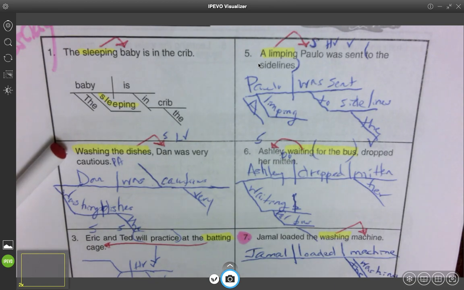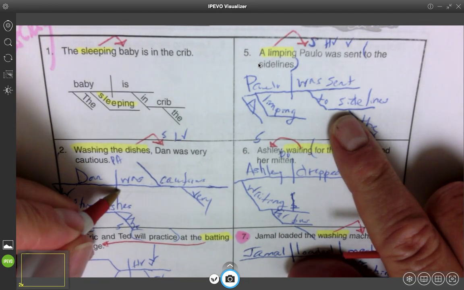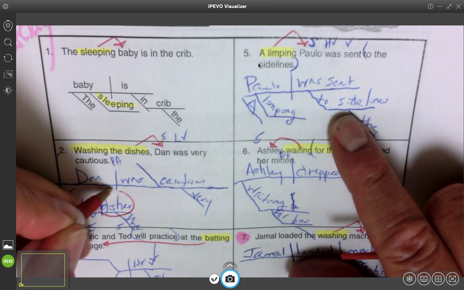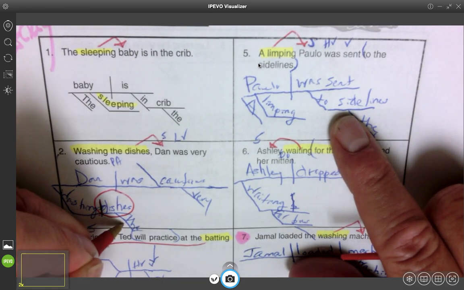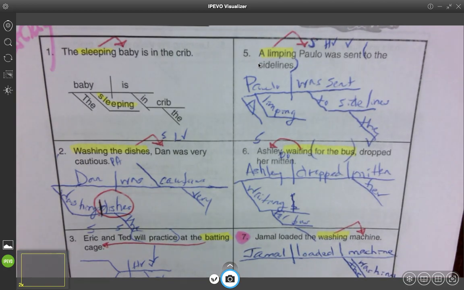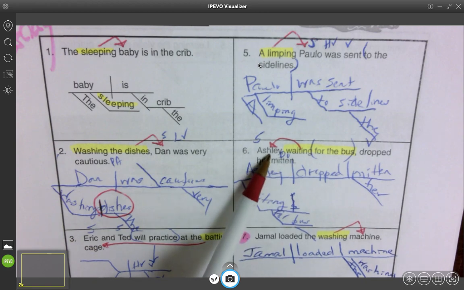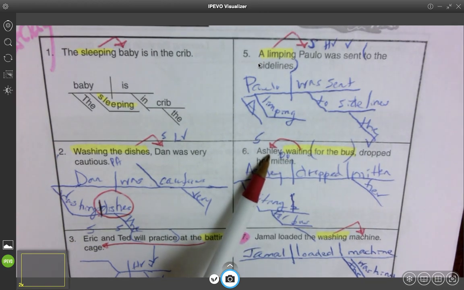It modifies the subject noun Dan. Washing dishes. And we see here that there is an object: washing what? Dishes.